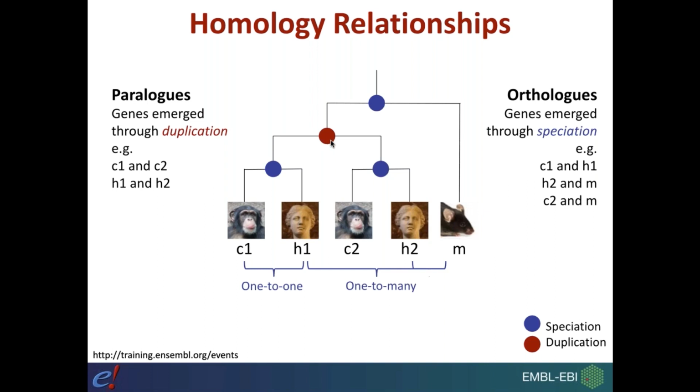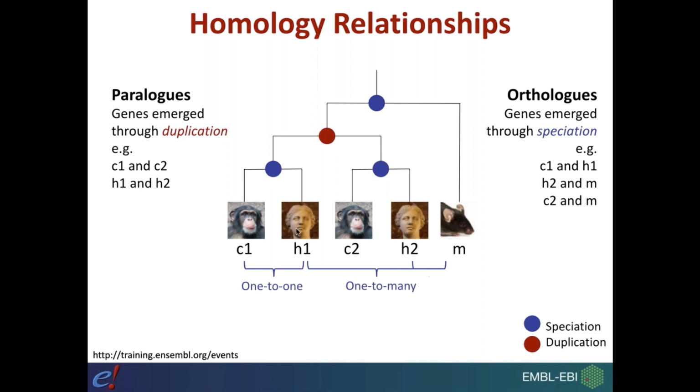On the other hand, we have the orthologs, which are genes that emerged through speciation events, which are shown in blue in this tree here, and accordingly C1 and H1, for example, are orthologs.